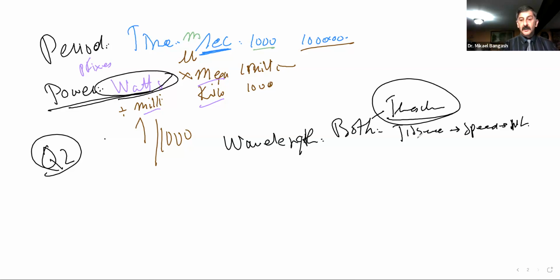But because in the tissues there are different speeds, that different speed will cause different wavelengths in the medium. Did I make myself clear on that one? So it's different speed in the tissue that leads to different wavelengths in the tissues, but not vice versa.